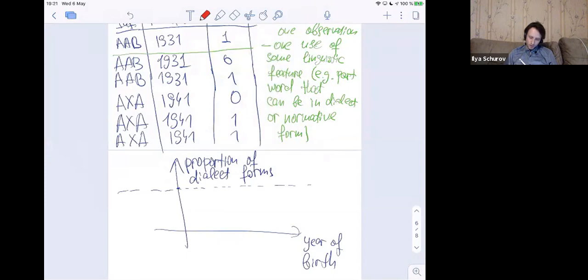We can expect something like this. If year of birth is small, then we have a lot of dialect forms here. And we can believe that something like this holds.